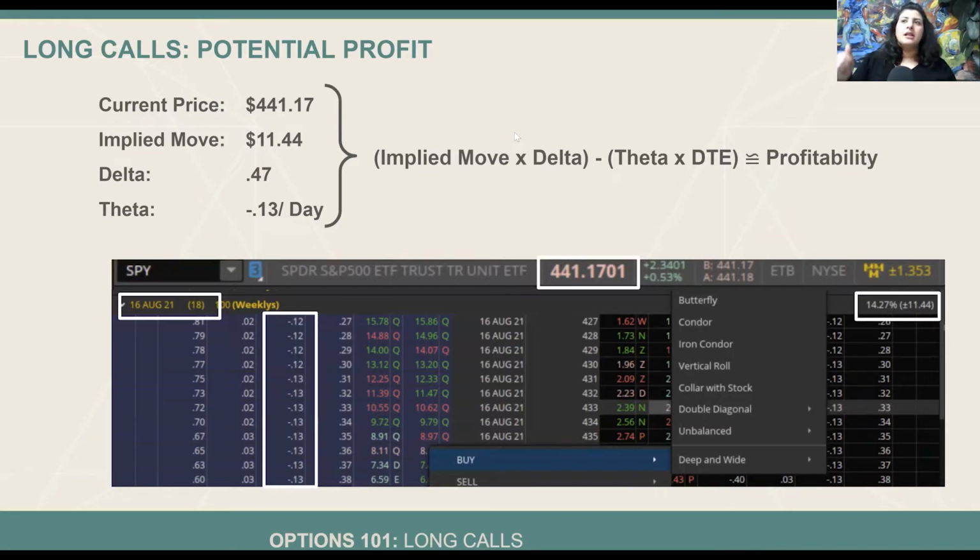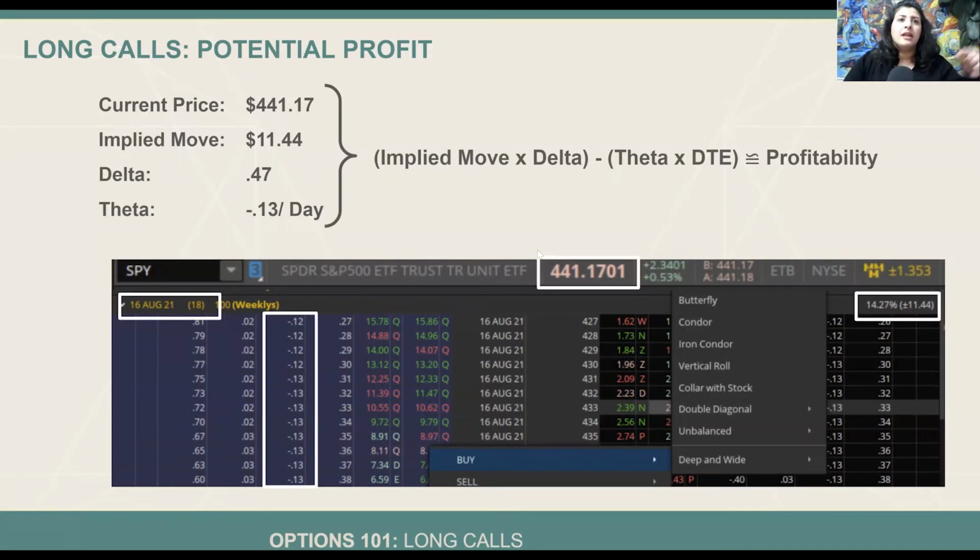I know that might sound like a funny equation, but basically if the market maker tells me SPY is going to move $11 and I want a 60 delta, I will multiply this $11 by 60 cents, and that tells me how much my contract will increase in value.